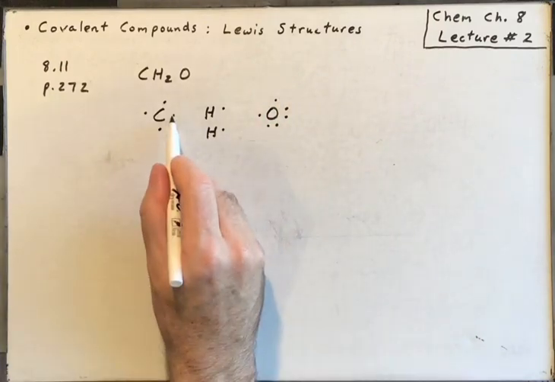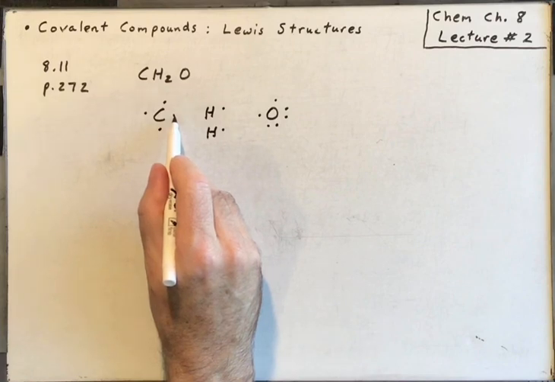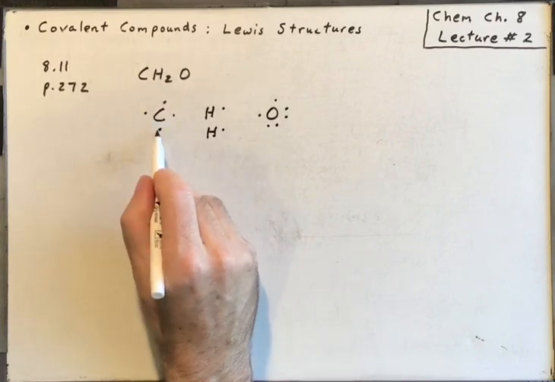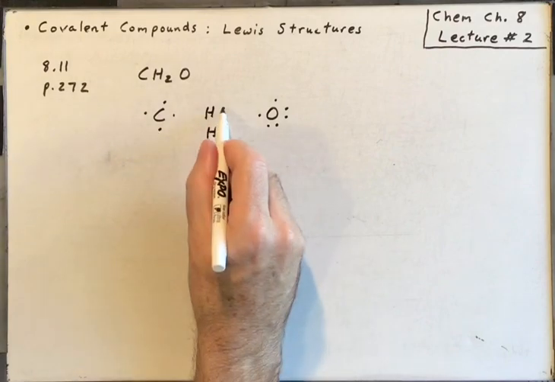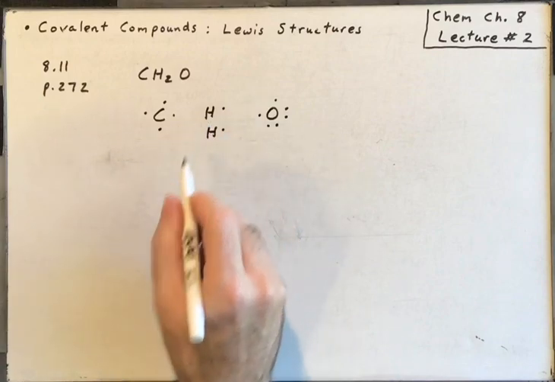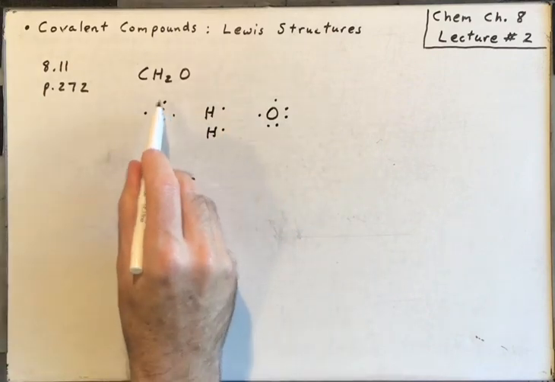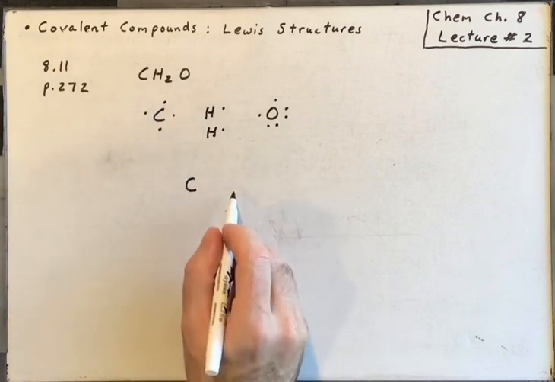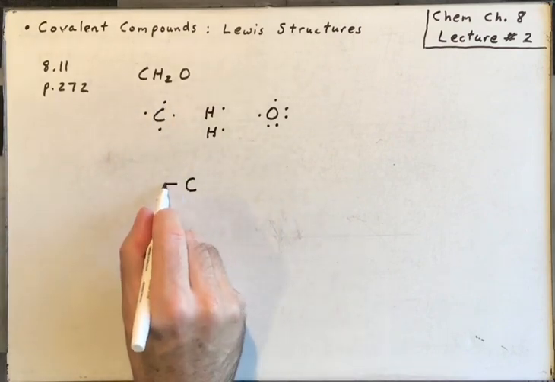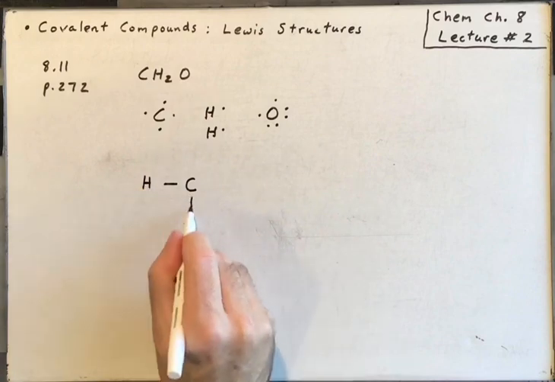All right, so carbon needs to form a bond with each one of these single electrons, okay? So it could form a bond with each hydrogen. So we're going to put carbon in the center because it has 4 unpaired electrons. It has the most. So let's draw a hydrogen and a second hydrogen.